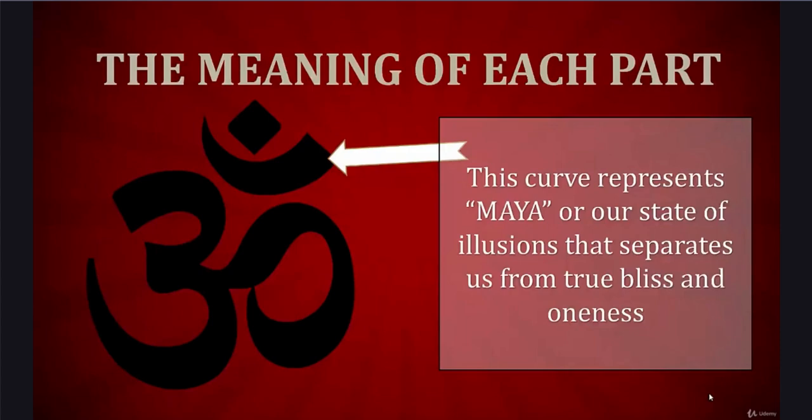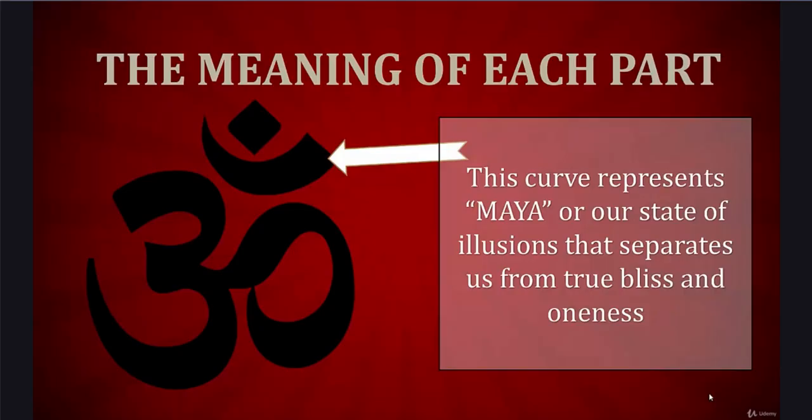The curve at the top, kind of the brim of the hat, if you will, represents Maya, which in the Hindu tradition represents illusion, and the material world is considered illusion. It's what's preventing us from reaching true oneness or nirvana or having a samadhi.